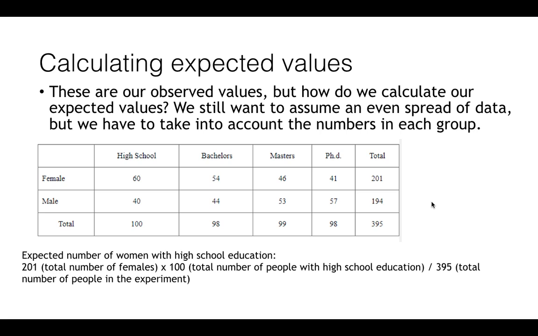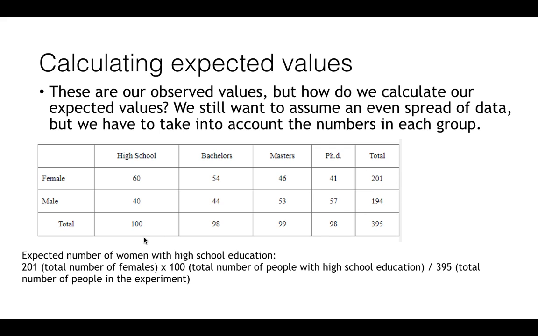Now, it is not going to be as straightforward calculating the expected values for a two-way table. That's because I have a different number of females compared to males. So I can't just evenly spread these numbers all around the table. I have to take that into account.